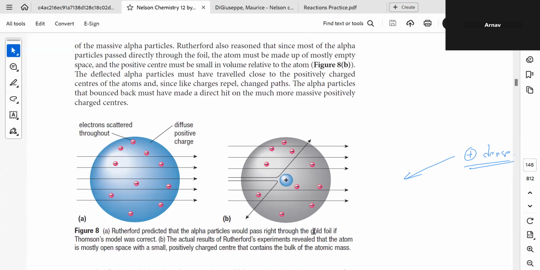Okay, I took a screenshot. Is it clear? Rutherford predicted alpha particles would pass right through the gold foil if Thomson's model was correct.